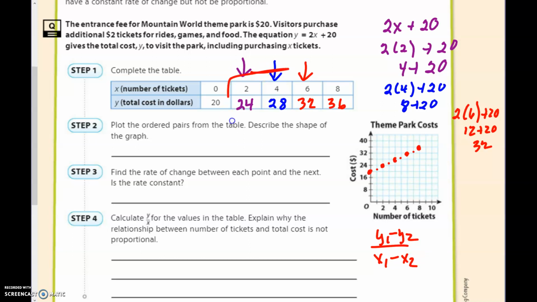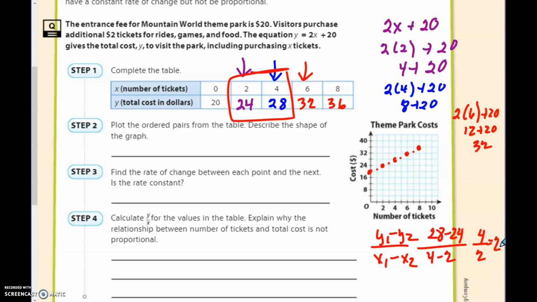So I'm just going to take these 2 ordered pairs right here. And remember, y goes on top. So I'm going to do 28 minus 24. And then I'm going to do 4 minus 2. So 28 minus 24 is 4. And 4 minus 2 is 2. 4 divided by 2 is 2.